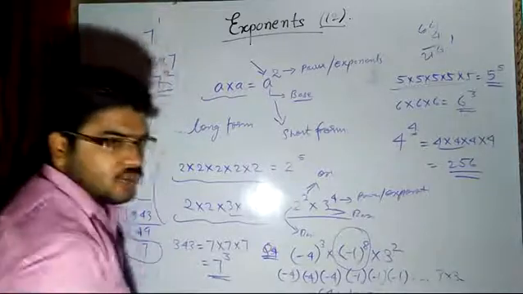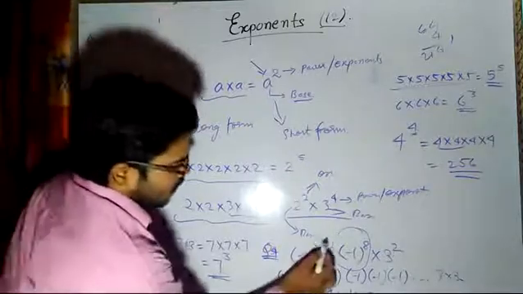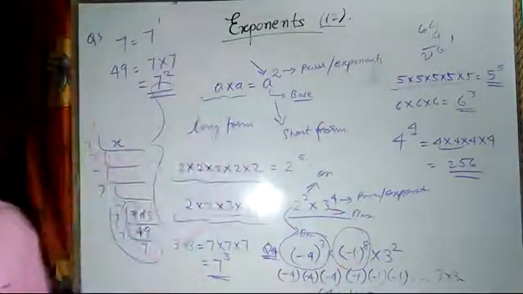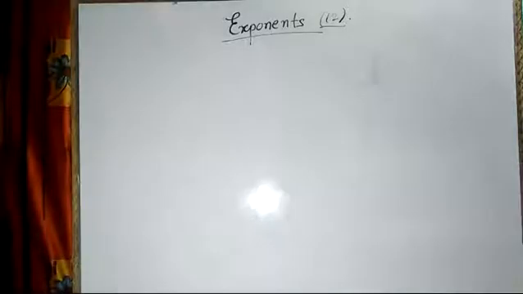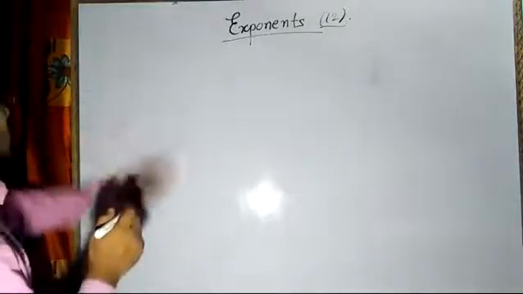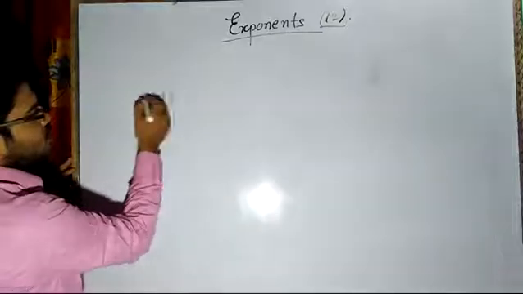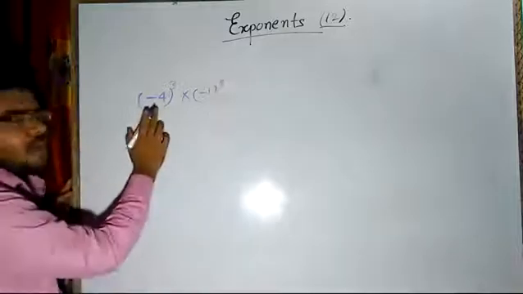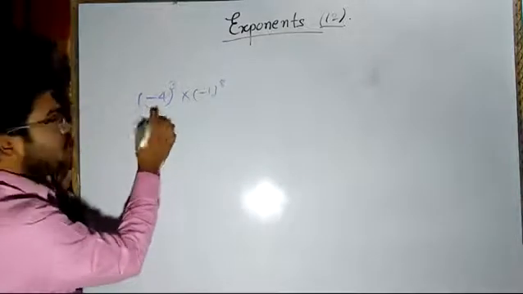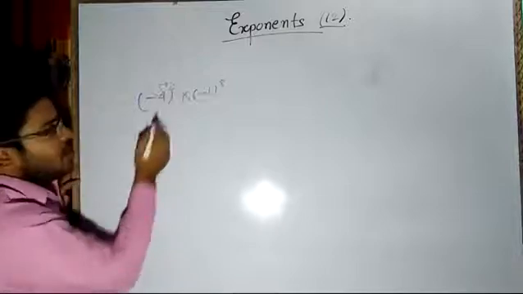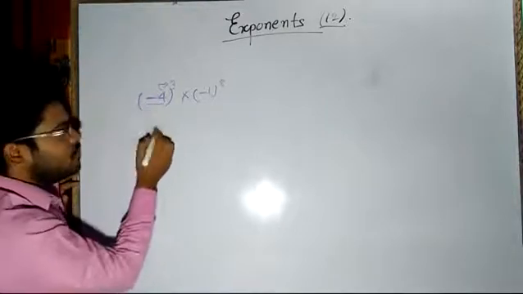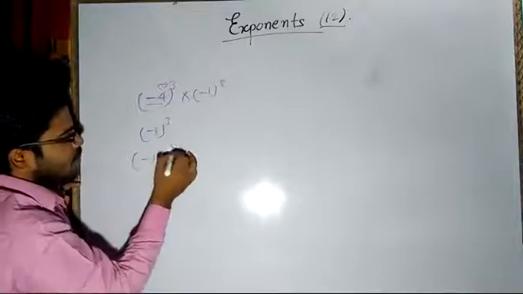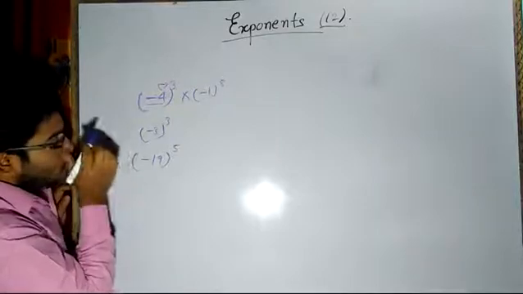Now there is one thing you should try to understand. Let me clear the board so that it will be easy for me to explain. Suppose it was given there, minus 4 raised power 3 multiplied with minus 1 raised power 8. Now if I have a negative number and the power is odd, any number, like minus 3 raised power 3, or minus 19 raised power 5, what will you see here?